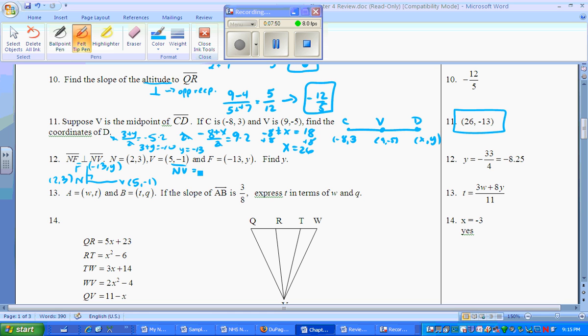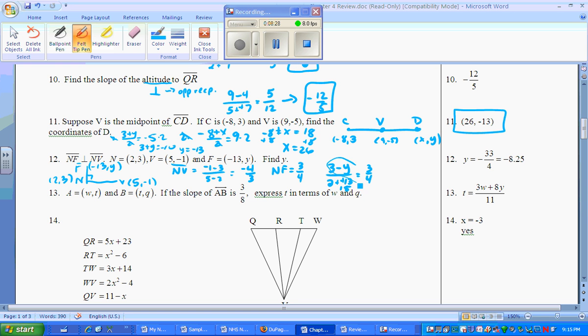The NV has a slope of negative 1 minus 3 over 5 minus 2, which to me looks like negative 4 over 3. So the slope of NF is equal to 3/4. We can do the formula here, and we can say, hey, 3 minus y over 2 minus negative 13 equals 3/4, because that's what the slope is. Over here becomes 15.